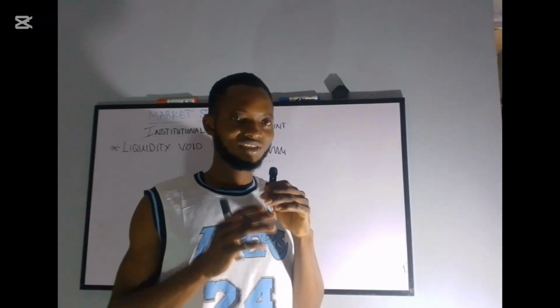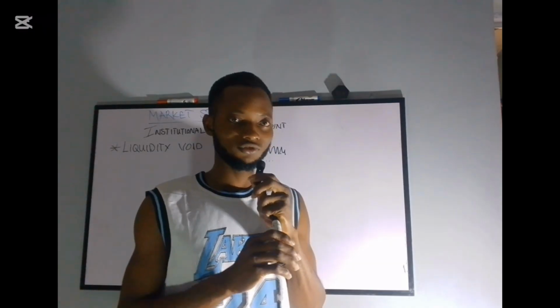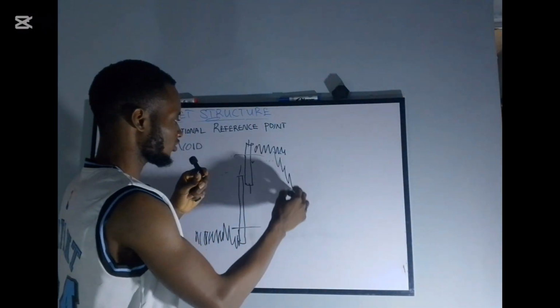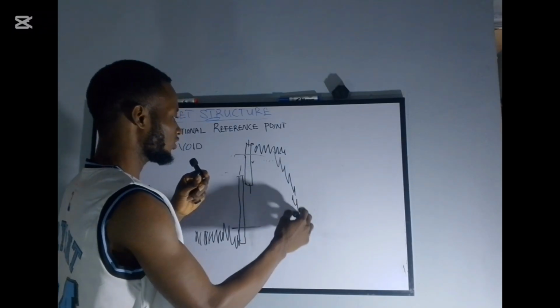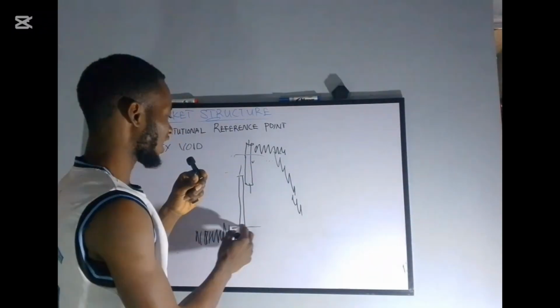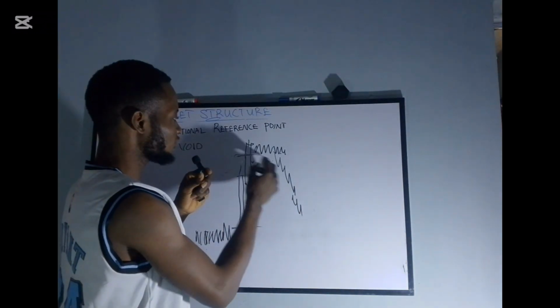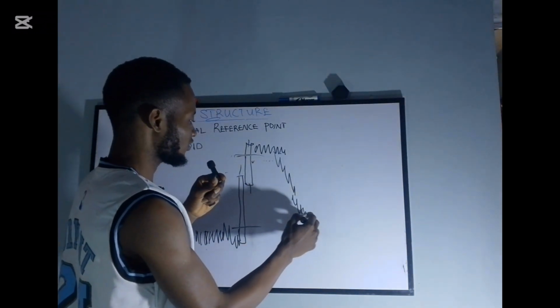And mind you, this gap is going to be filled in the future. Price would gradually come down or go up to fill this kind of large space. Price is definitely going to fill it at the end of the day.